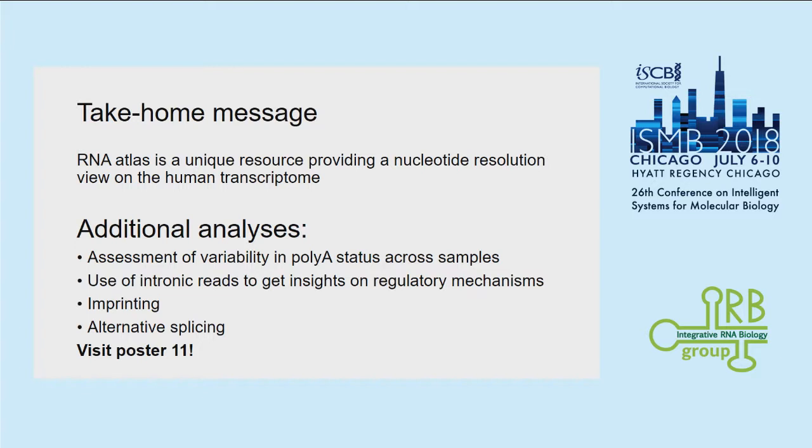We have been using intronic reads to get insights into regulatory mechanisms of non-coding RNAs over their targets. And we have performed imprinting analysis, and we are now working on alternative splicing analysis and tissue and cell type specificity of alternative splicing. And if you want to get more insights on some of these analyses, you can visit my poster, number 11, also this evening.